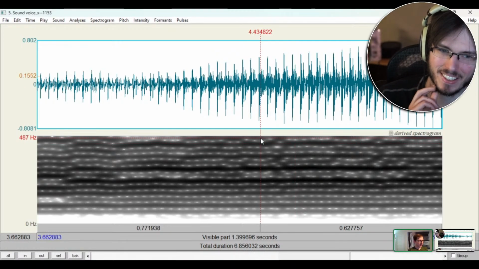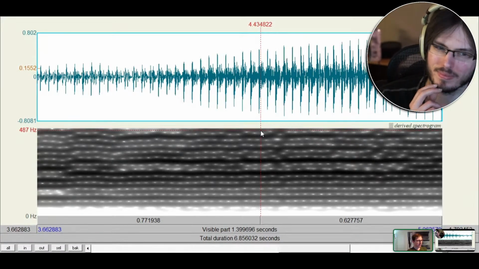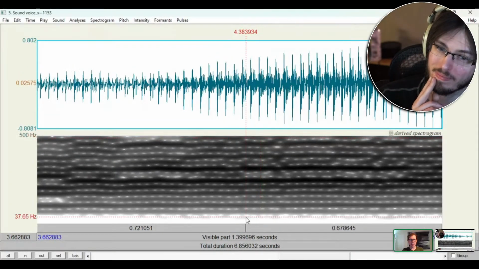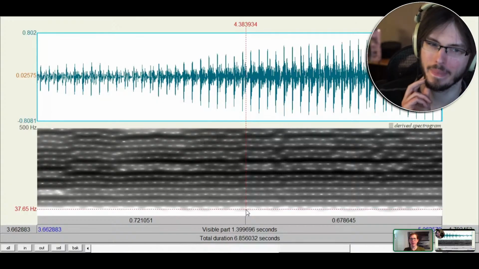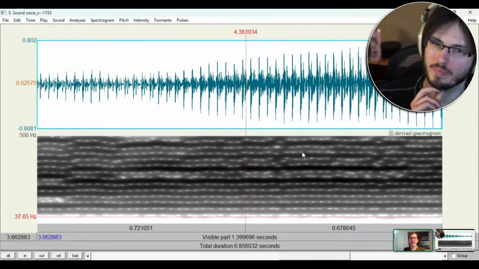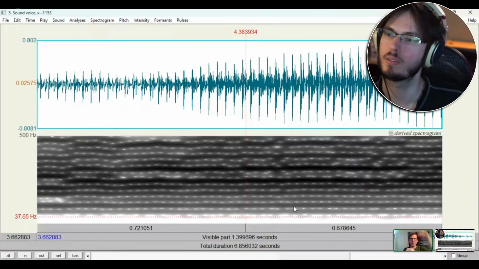I'm looking up to 500 hertz here. I've got my calculator app now. 500 divided by 13, we're looking at 38 hertz. If I included the sort of vanishing first harmonic, 500 divided by 14, that's 35 hertz, which is about what we found before. So you can calculate the pitch just by calculating how many harmonics there are within some interval of frequency, and you can do that because they're evenly spaced.